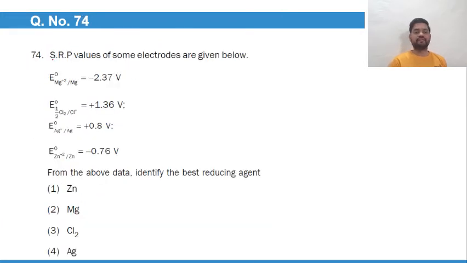73. Standard reduction potential values of some electrodes are given below. From the above data, identify the best reducing agent. Best reducing agent means it should undergo oxidation.